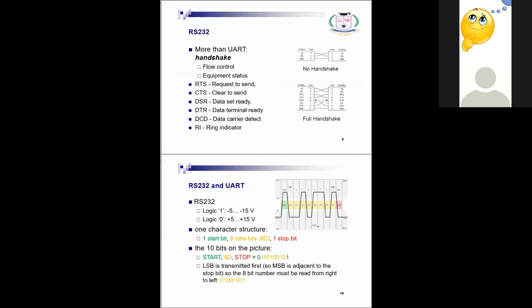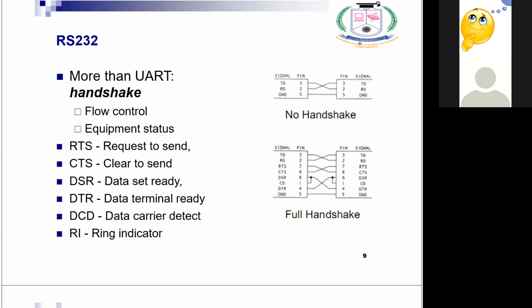Now we will see why we moved from USART to RS232, and why it is still very popular. In UART and USART, we don't have any handshake signal. A handshake means that when I send data, I confirm that you have received it, just as I am asking now whether you are listening or not. If you are not replying, how can I know?